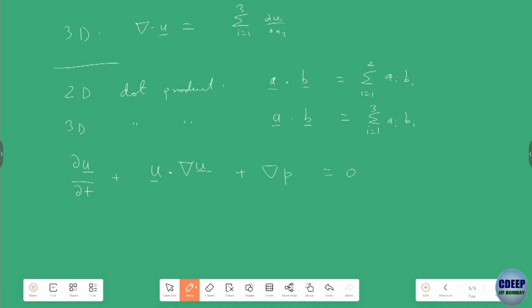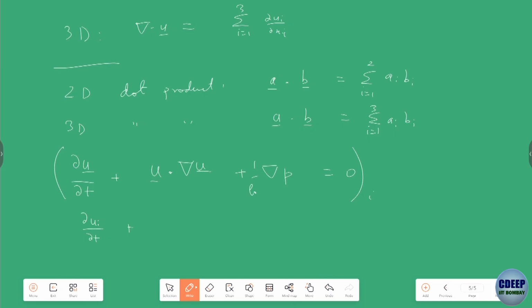So this was the non-linear, so not linearized, original 1 by rho naught momentum equation in 3D. So then the ith element of this vector equation, the ith element of that is del ui del t, that is, say i equal to 1 is the x component of this.